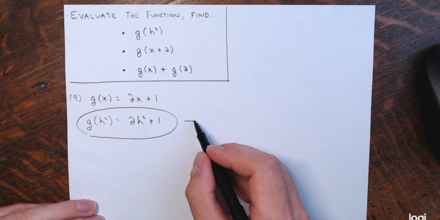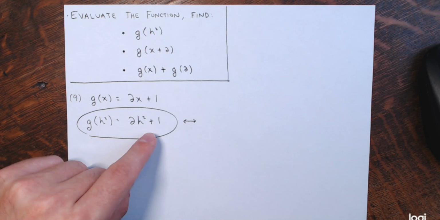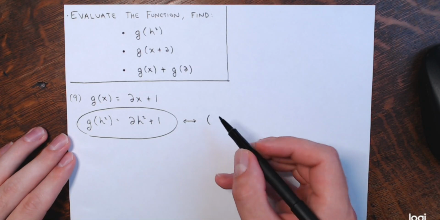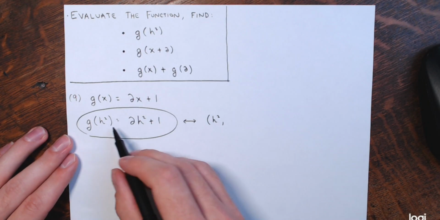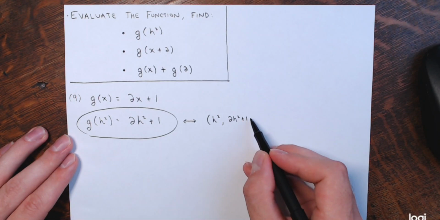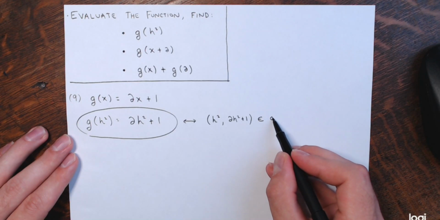And again, going back to what I did in examples 1 through 5, an equivalent meaning to this is that any ordered pair of the following form, h squared for the input, comma, and then 2h squared plus 1 for the output, belongs to this function called little g.